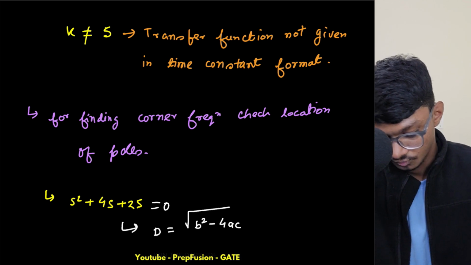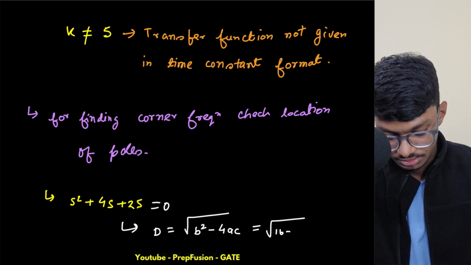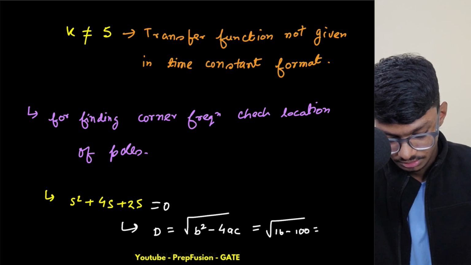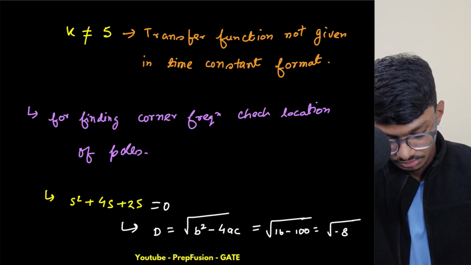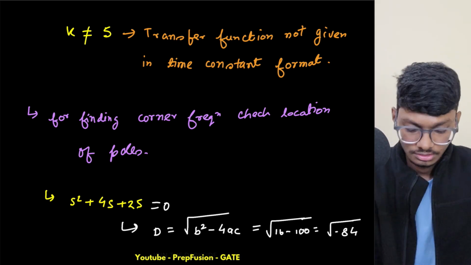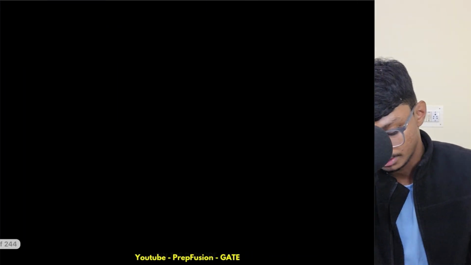What is this equal to? 64 minus 100, which is simply minus 84. So the discriminant is equal to minus 84. Definitely from here we can understand we will get complex conjugate roots.